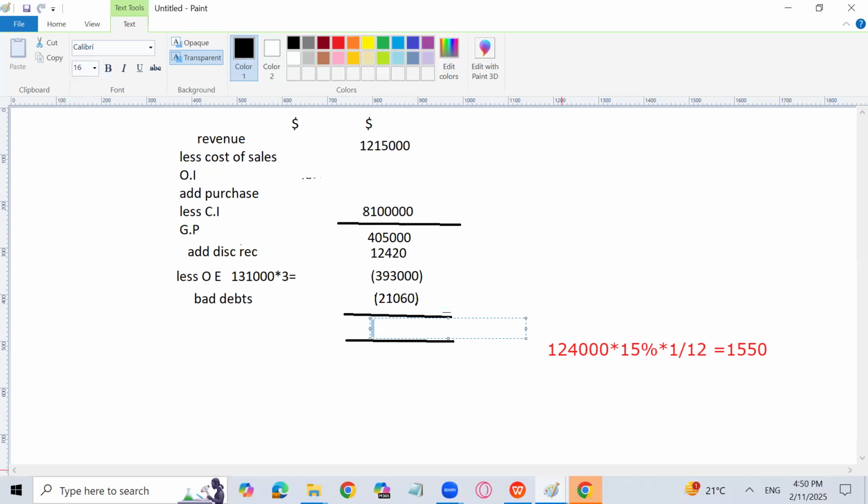No problem with that. 3360. Okay. So discount received, bad debts, depreciation, operating expenses, you can write either that way or whatever you follow, you can do that easily. If you have any problem, you can ask me. Thank you very much. So we have done that again. Now you can do October, November easily, and tomorrow's question also you can do again.